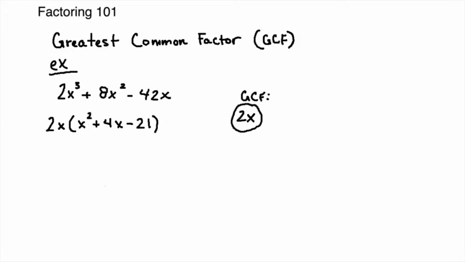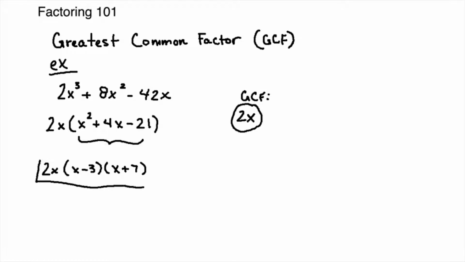And then we can actually use the tree method on this quadratic to get x minus 3 times x plus 7. And this would be our fully factored form. GCF is usually used in combination with one of the other methods for factoring, not typically on its own, although it can be.